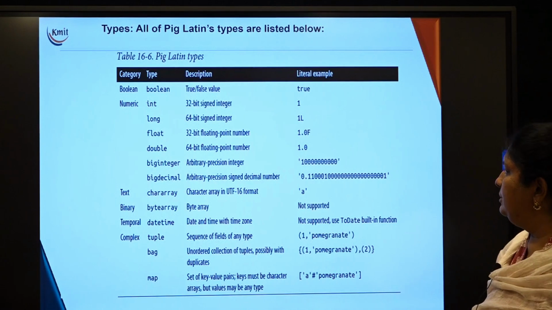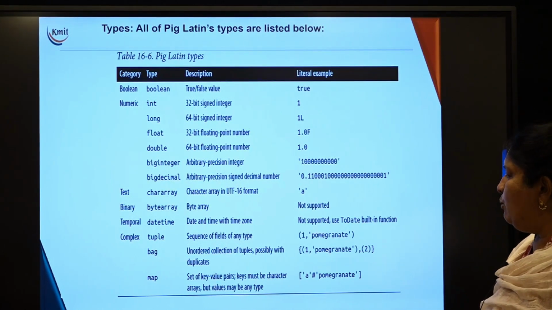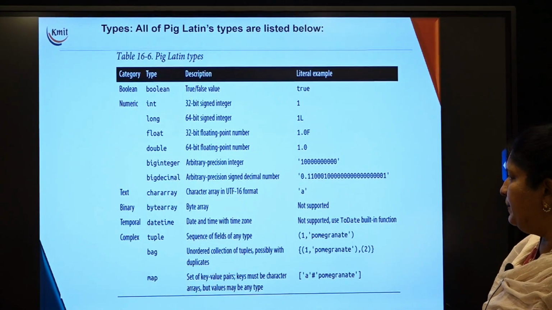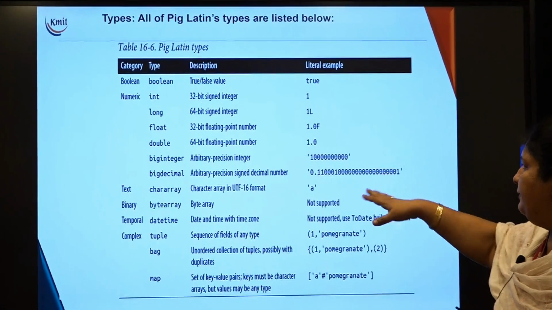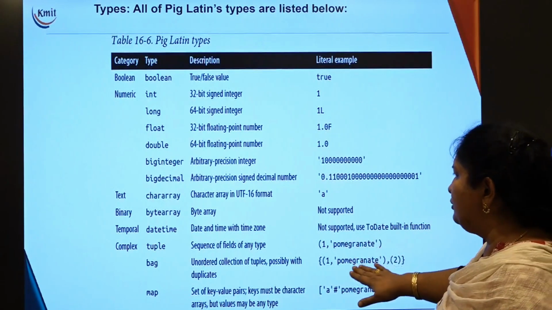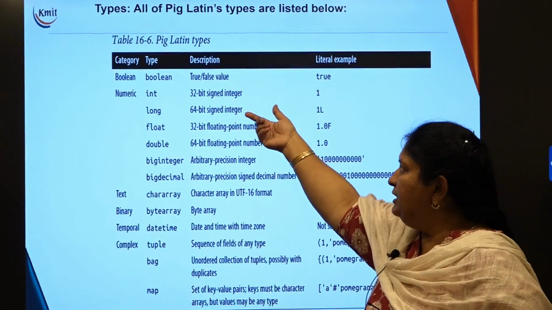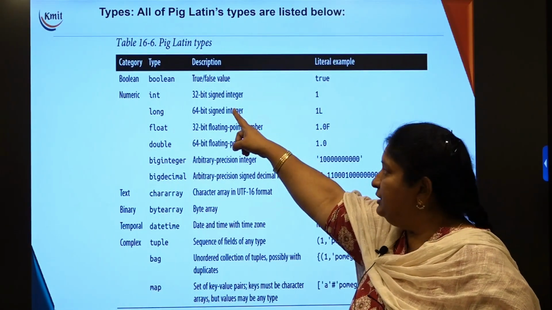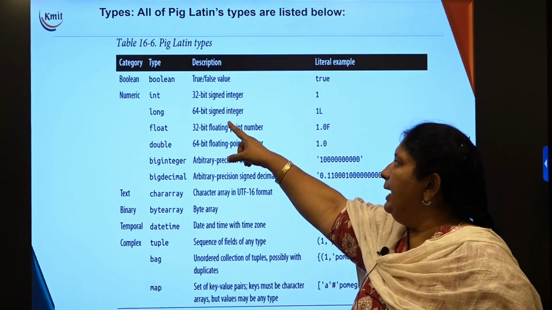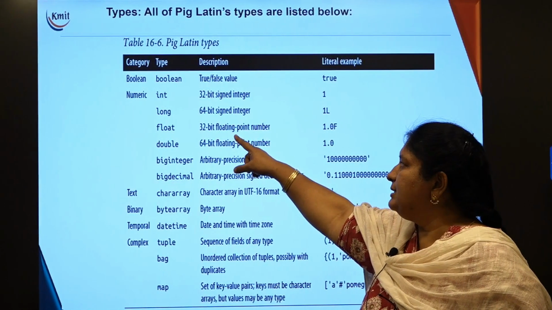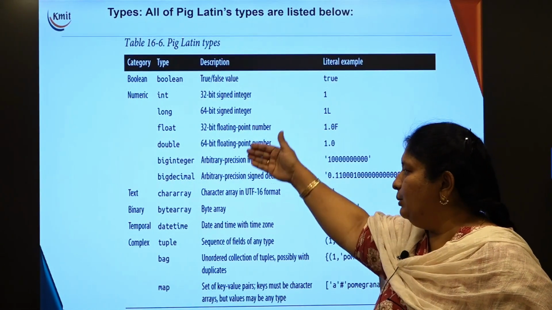Some more data types. If you see what are the built-in data types in the Pig language, we have Boolean category, numeric category. If you see the maximum value you are trying to use, we have integer, which is a 32-bit signed integer, that means 4 bytes. Then we have long, a 64-bit signed integer, float is a 32-bit floating point number likewise.